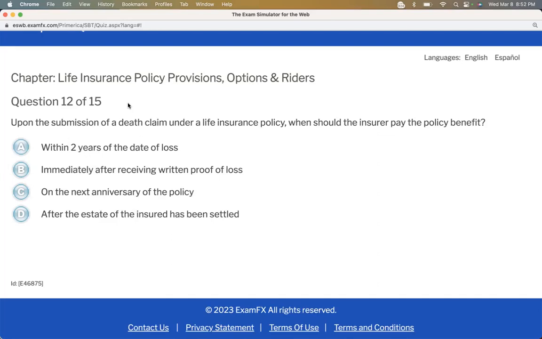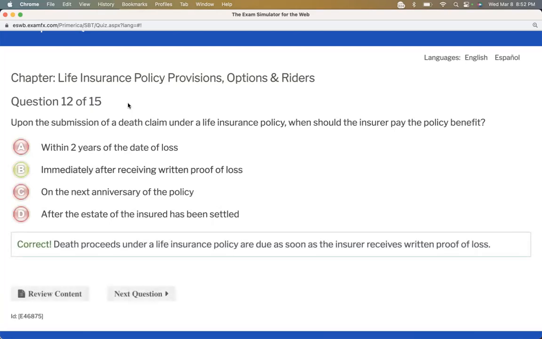No, that's too late. That's too much time. Immediately after receiving written proof of loss, in the next anniversary after the estate of the insured has been settled. No, it has to be B. It has to be pretty quick. A, C, and D sound like they're procrastinating. No, the insurance companies are not allowed to withhold proceeds. The clients need it right away.